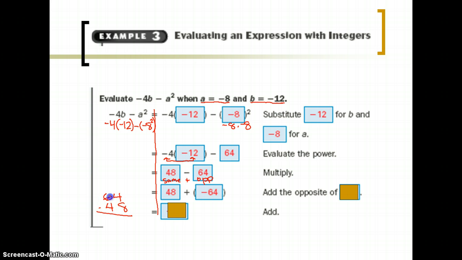Can't take 8 from 4, so let's borrow from the 6. Make that 14. This becomes 6. This becomes 1. And which number was bigger, the 48 or the 64 without ignoring the signs? With ignoring the signs? It would be negative 16.